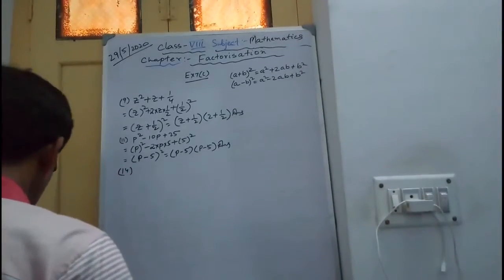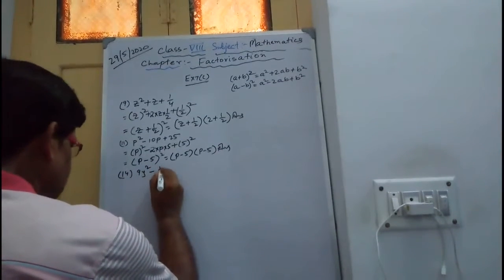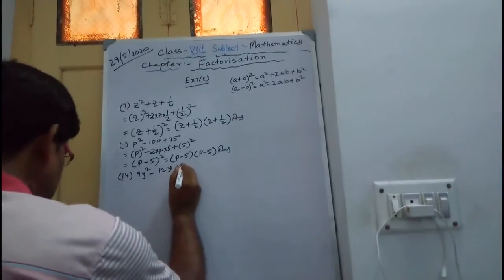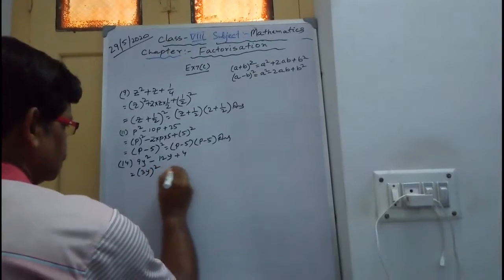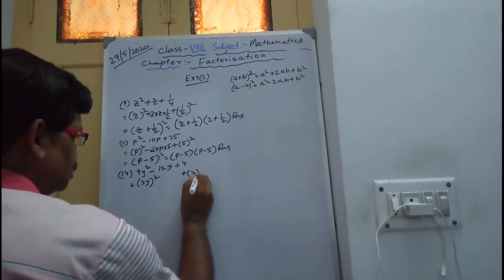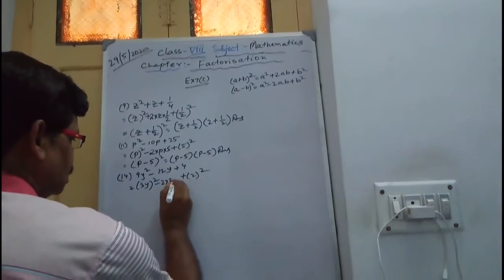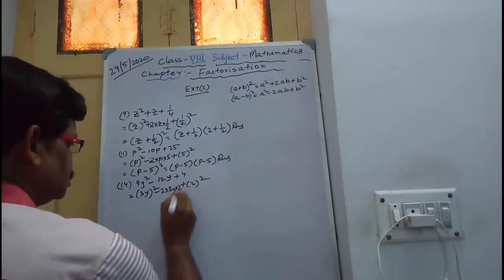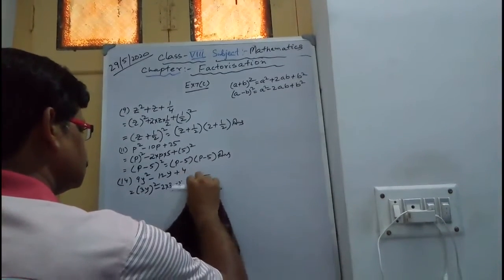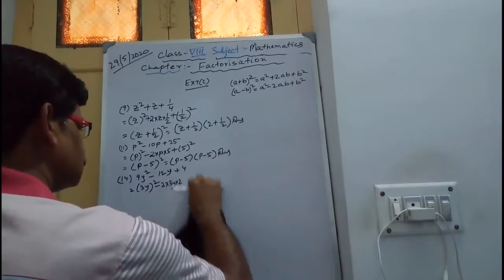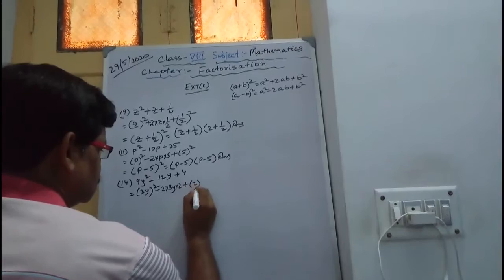Sum number 14, 9y square minus 12y plus 4. So (3y) square plus 2 square minus 2 into 3y into 2 plus 2 square.